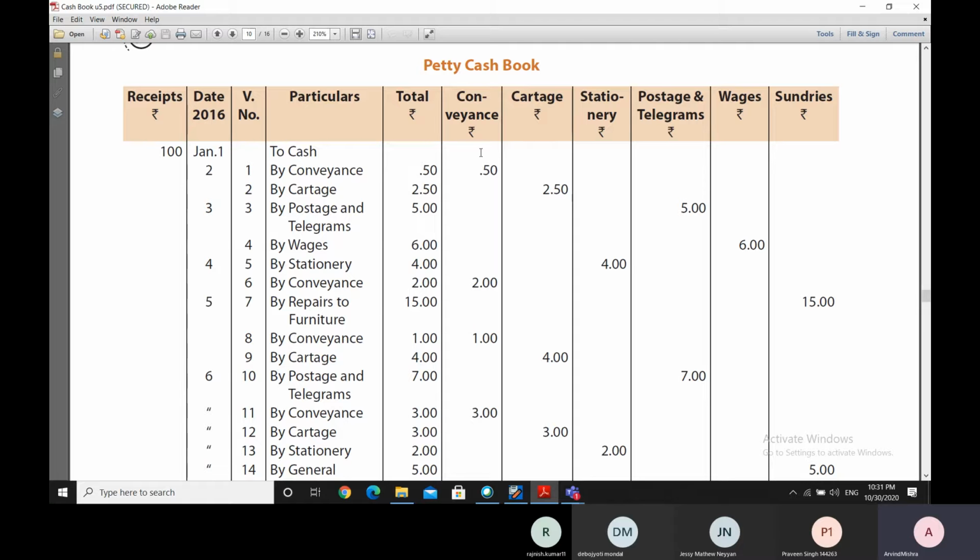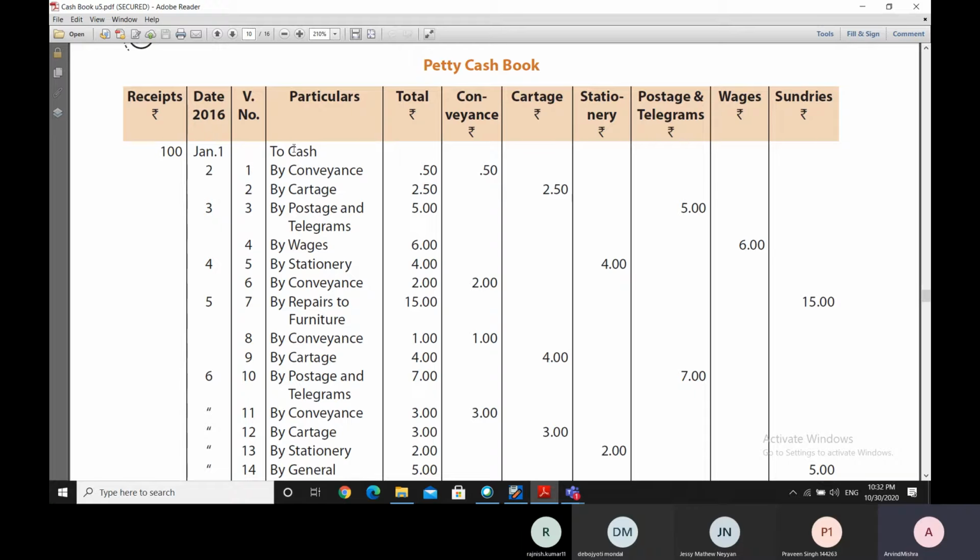So as we can see, the payments are being made here, and therefore we are making this entry here. Whereas the receipts are being entered on the extreme left column. 100 rupees is received here on January 1.